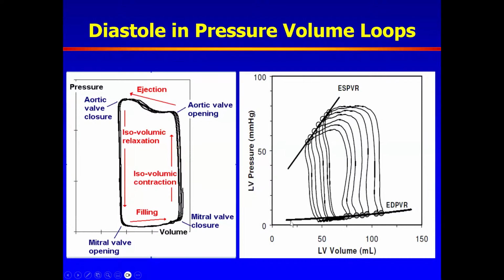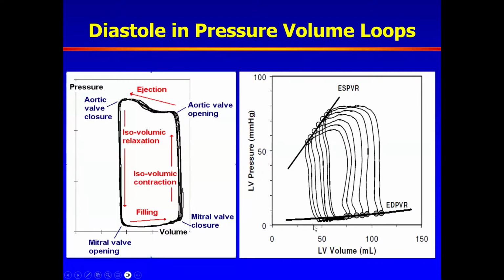In the cath lab, the way to assess the end-diastolic pressure-volume relationship and be able to compute chamber stiffness and, if needed, myocardial stiffness, is to alter the venous return, typically by inflating a balloon in the inferior vena cava, and we end up with several points corresponding to different volumes and pressures.